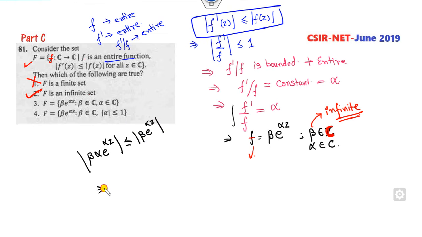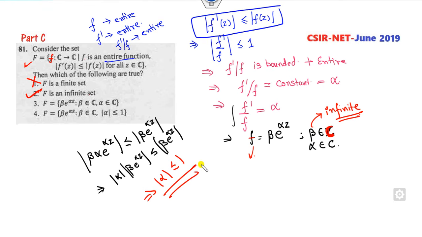Fine. So what do I do? I can write this outside of here, this is less than this number. So this implies mod of alpha is less than or equal to 1. So it means this option is satisfied, this option is cancelled. So the right answers are B and D, the correct options of this problem.